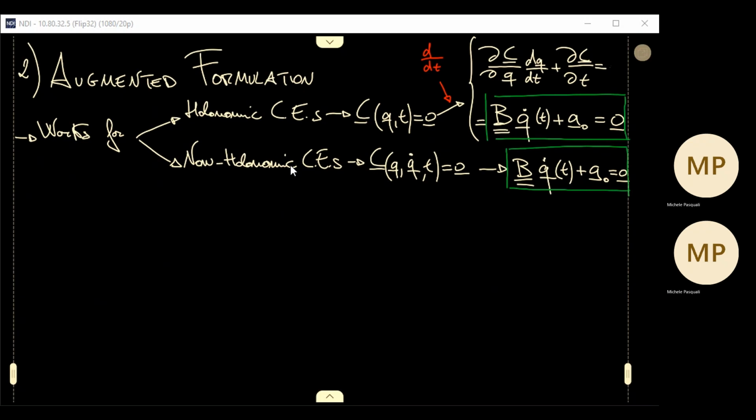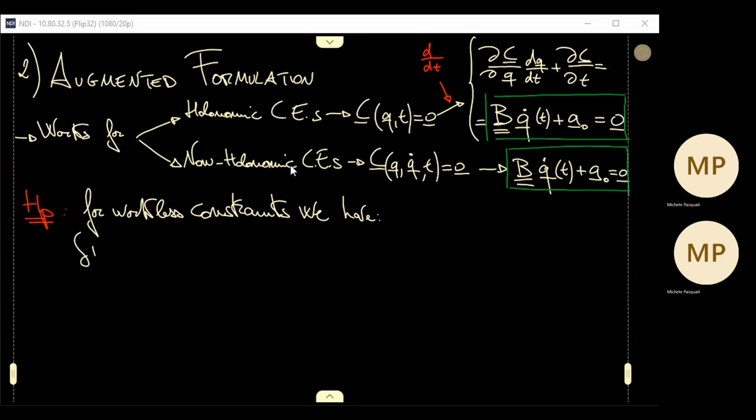Now, let's see the consequences of one hypothesis. So for workless constraints, we had the following. Delta W_C is equal to 0, and therefore we can write that Q_C transposed times delta q is equal to 0.